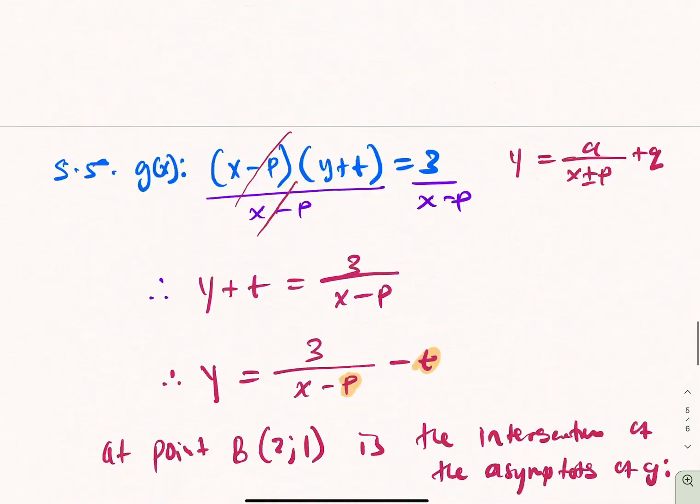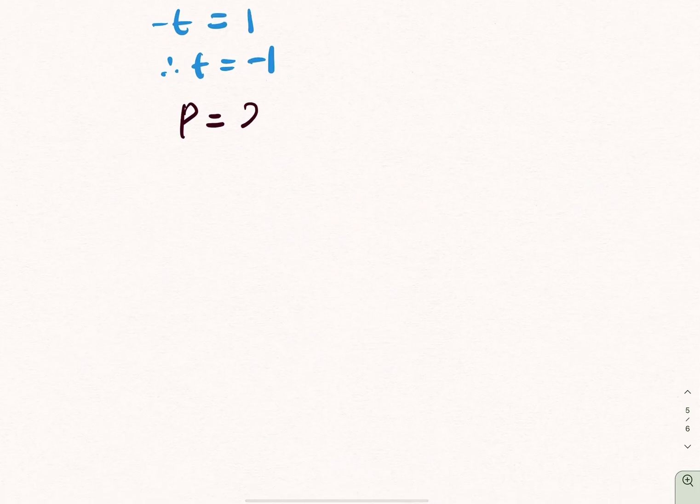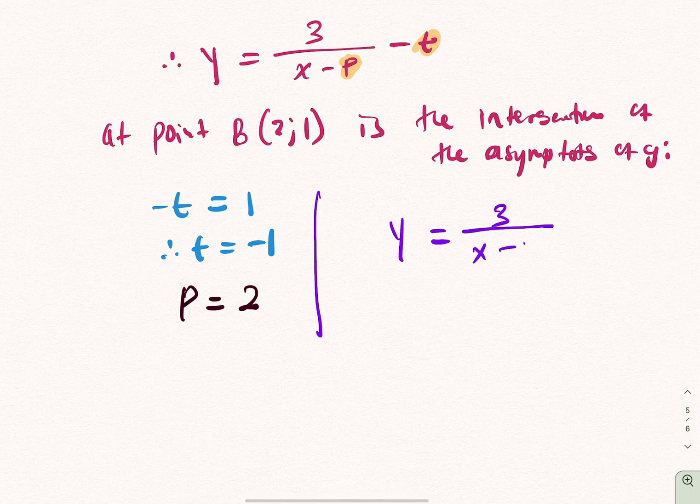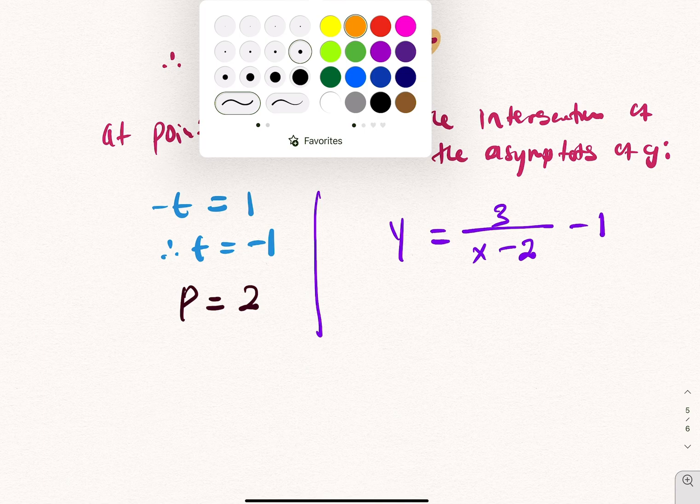So your P is going to be positive 2, and I will tell you why. If you replace the function back, check: 3 divided by x minus p, which is 2, and then minus 1. This should be in agreement with what is happening.